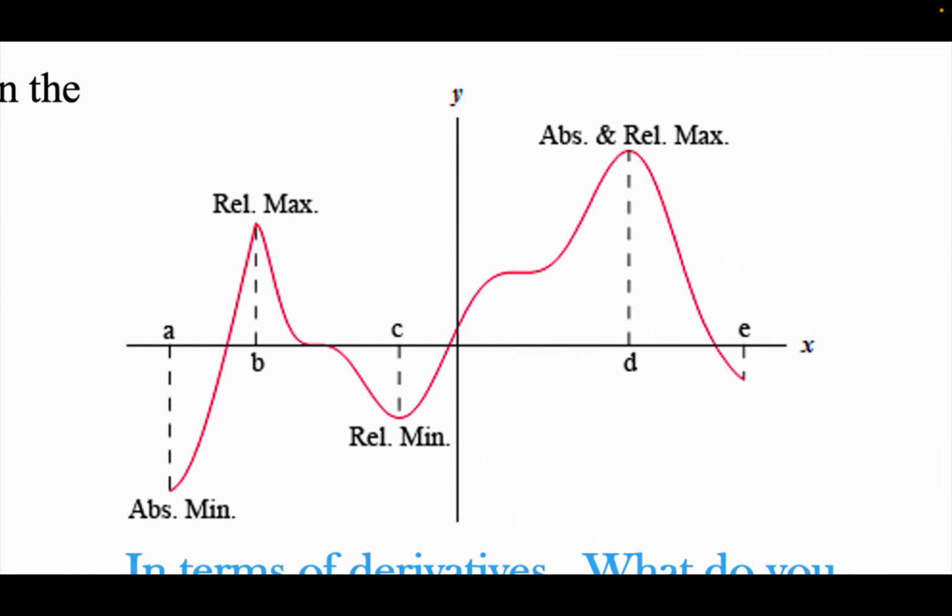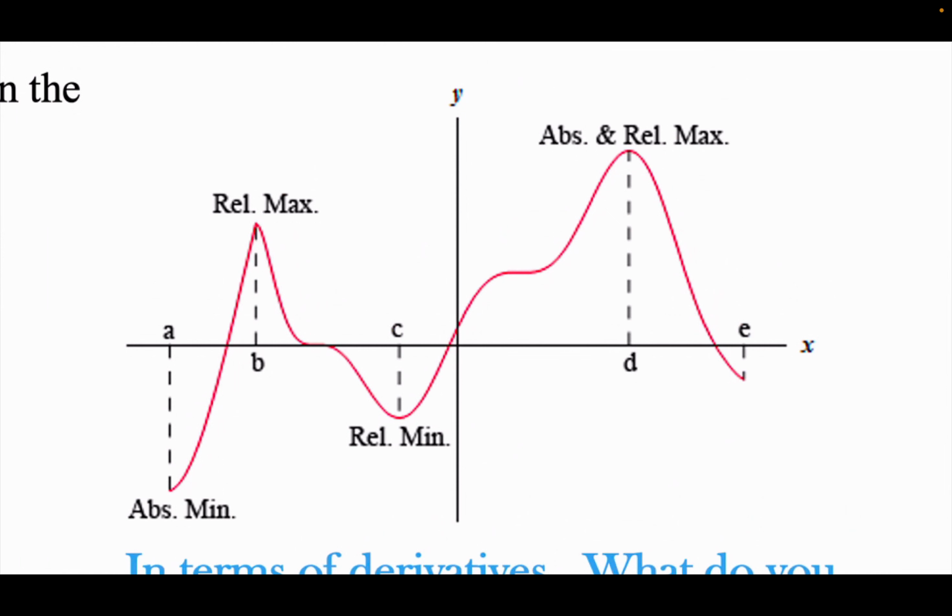So things like relative and absolute maximums. Absolute means absolute top and bottom. Maximum is the high point, the biggest Y value. Minimum is the bottom, the lowest Y value.